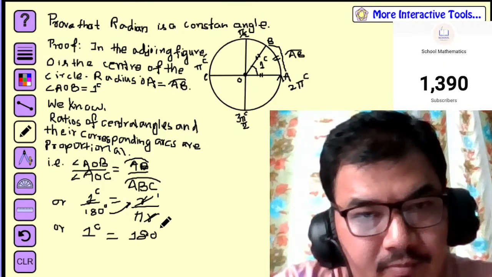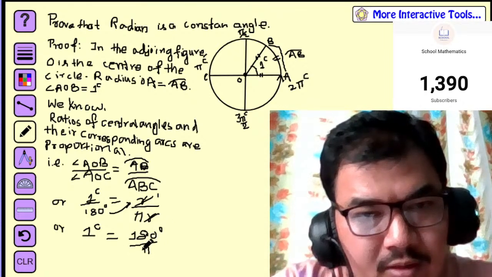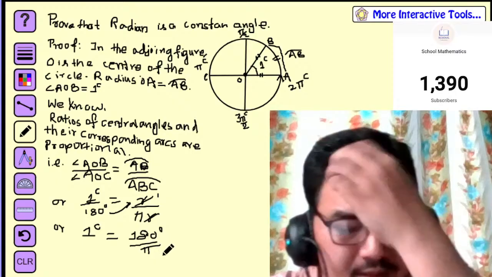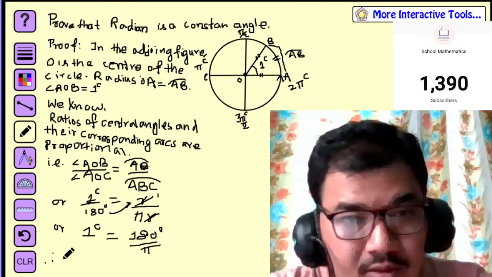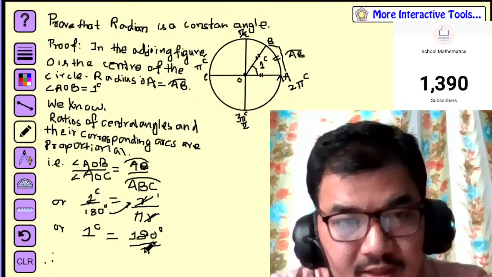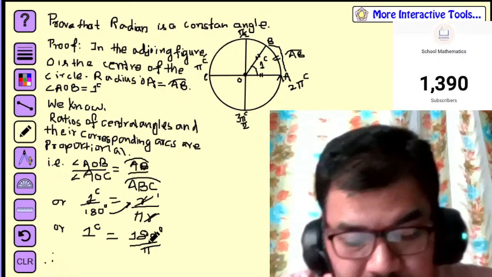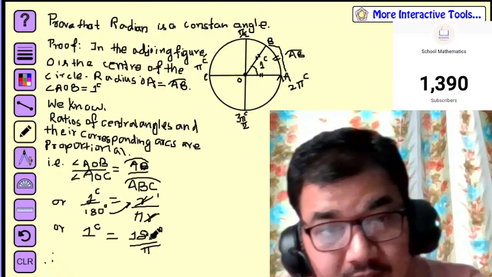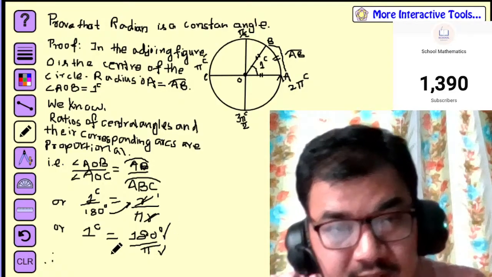180 degrees, and down there is pi. Therefore we can tell, 1 radian equals 180 degrees over pi. Both of these values, numerator and denominator, are constant. This upper value and this down value both are constant.